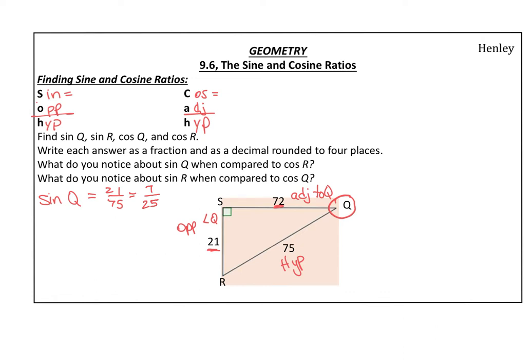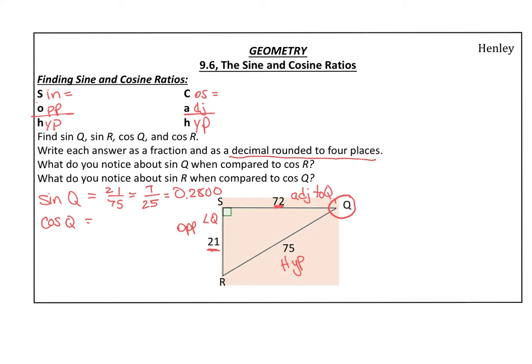When you do that, you're going to get 0.2800. We go 4 places because the directions tell us to write it as a decimal rounded to 4 places. Now, the cosine of Q is adjacent over hypotenuse.